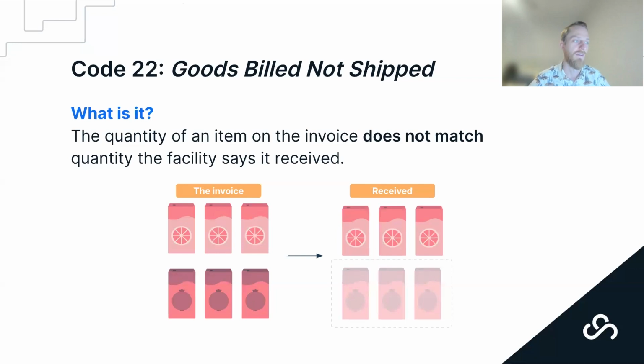From Walmart's perspective, they've received your invoice with maybe an invoice quantity of 6 for one item, but they didn't receive 6. They only received 3. So they're going to withhold payment of 3 of those units instead of paying you the full invoice amount. And when they withhold payment, they'll issue that as a code 22 deduction. So code 22 is very common.